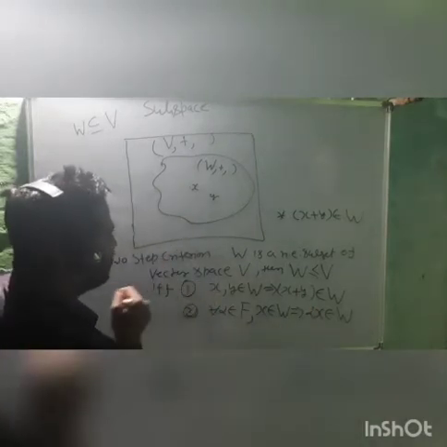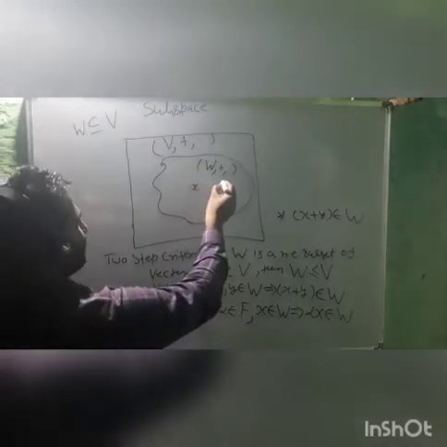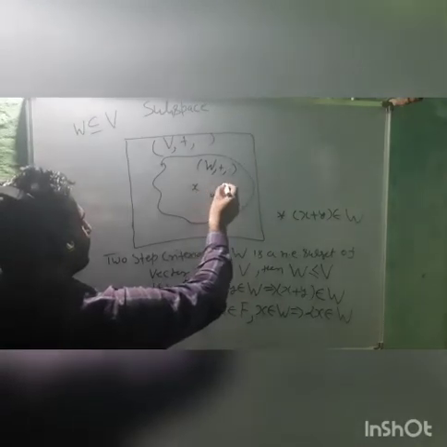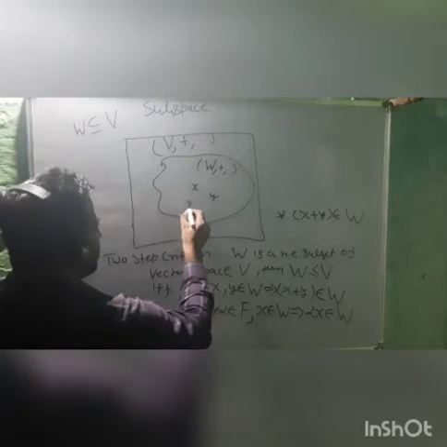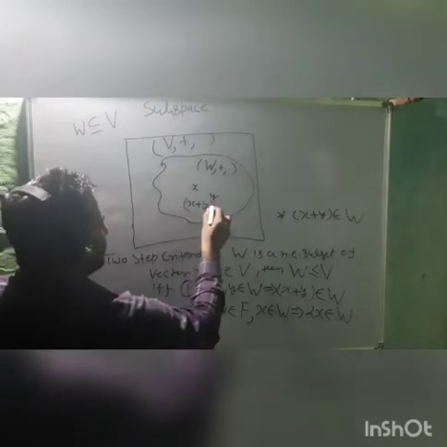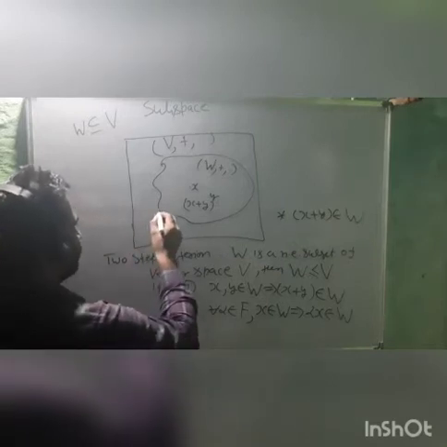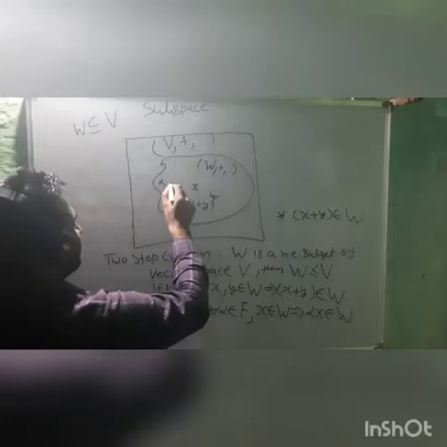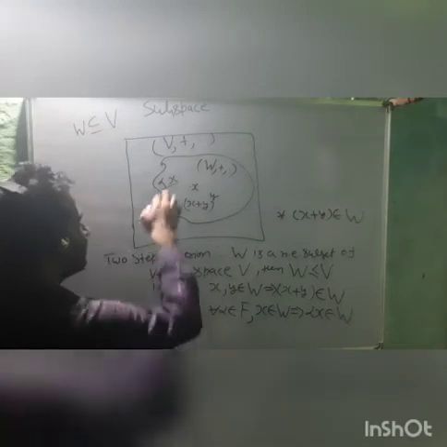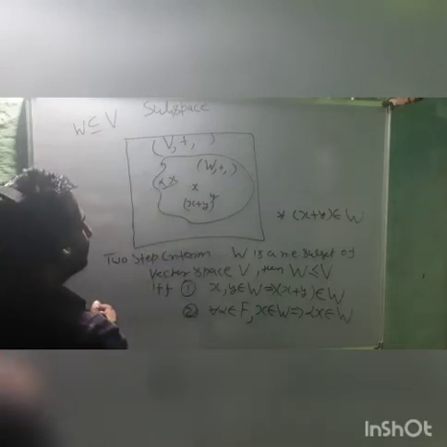Anyway, geometrically, if we want to see what it says, if x is there, y is there, then the first property says that x plus y must also be there in W. And if alpha is any scalar and x is there, then alpha x must also be in W. This will become a vector.